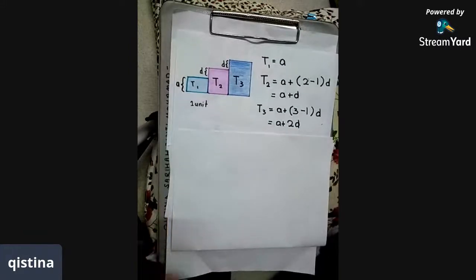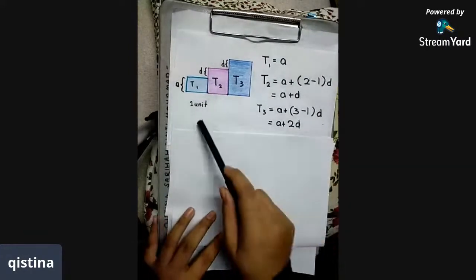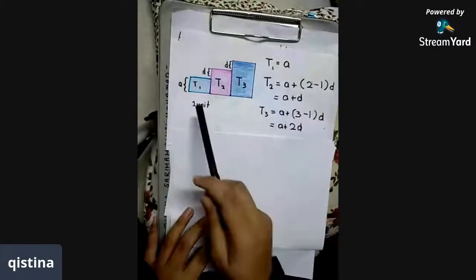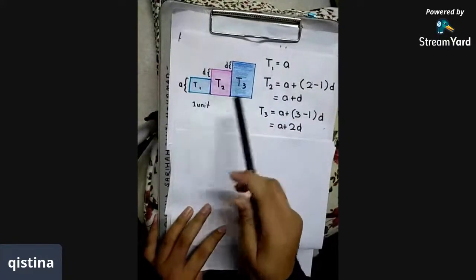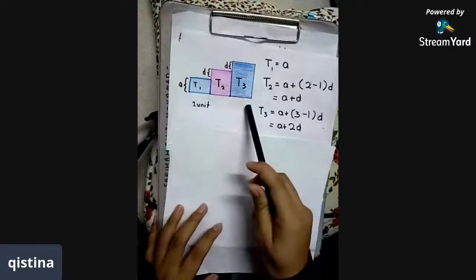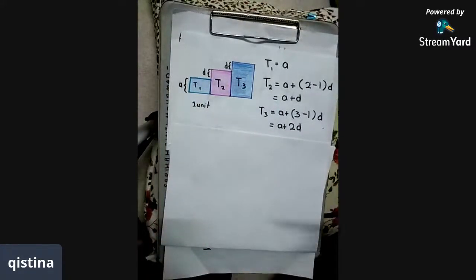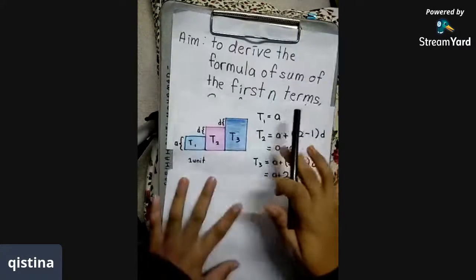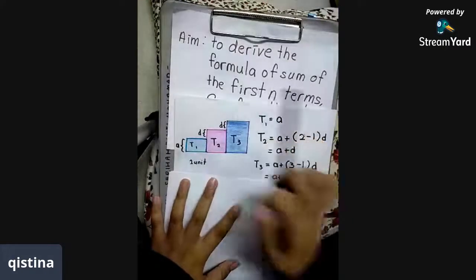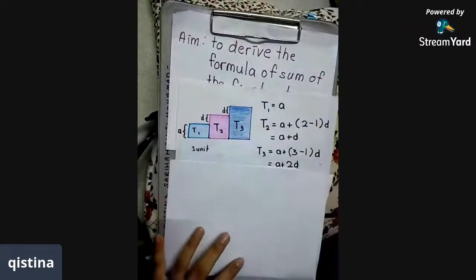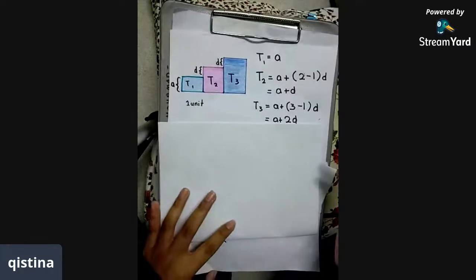Firstly, let's observe the diagram given. There are 3 grids here, T1, T2, and T3. What is important for us to calculate the sum of arithmetic progression? It is the value of the terms, right?